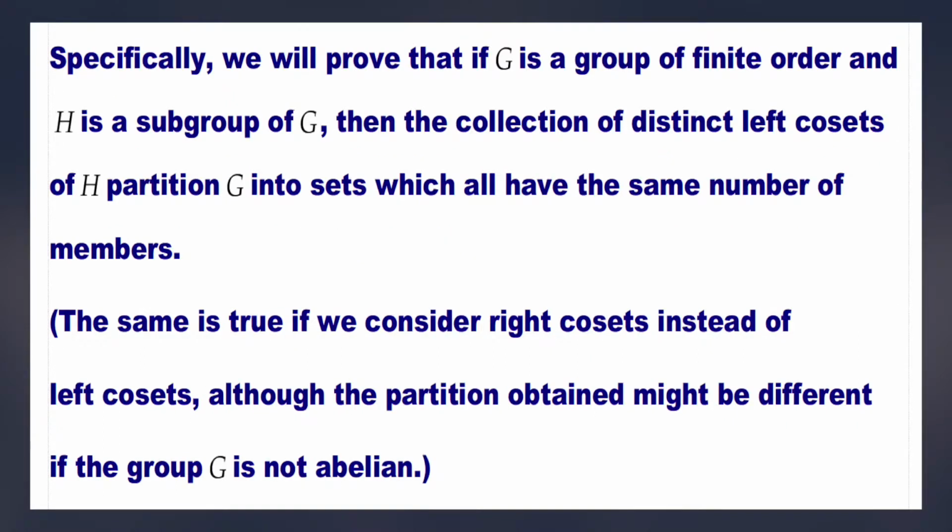Specifically, we will prove that if G is a group of finite order and H is a subgroup of G, then the collection of distinct left cosets of H partition G into sets which all have the same number of members. The same is true if we consider right cosets instead of left cosets, although the partition obtained might be different if the group G is not abelian.